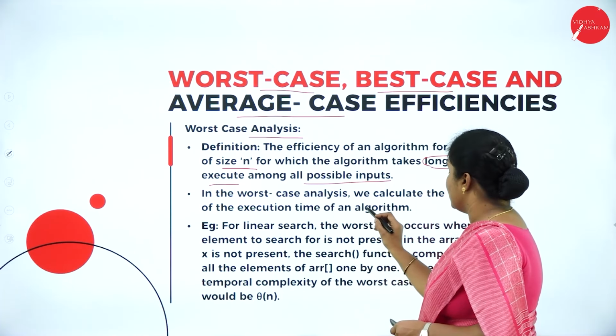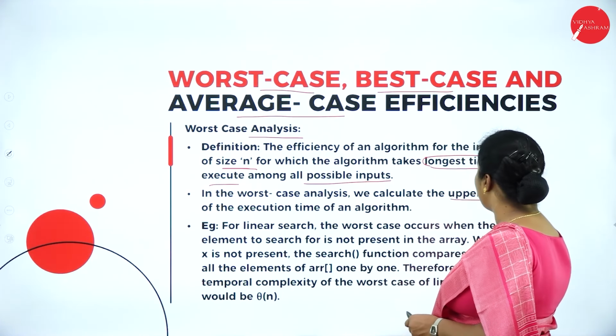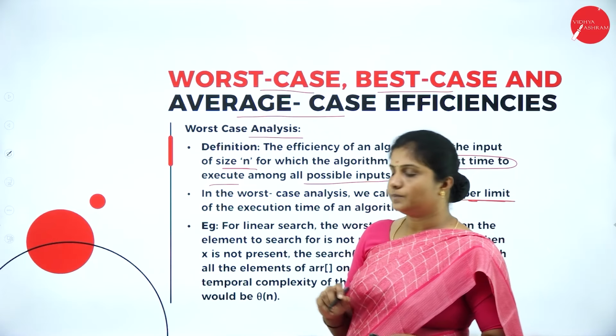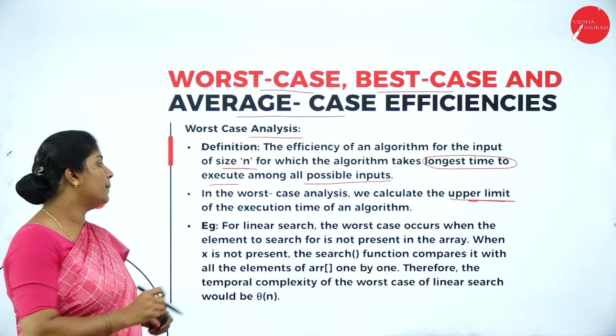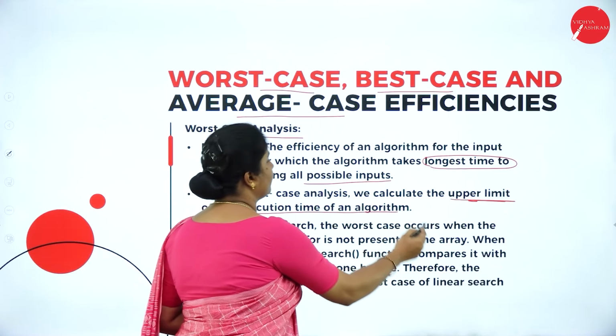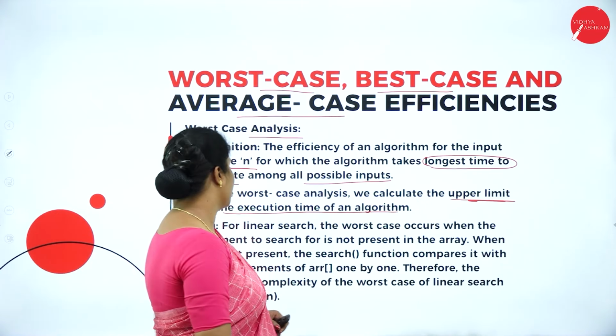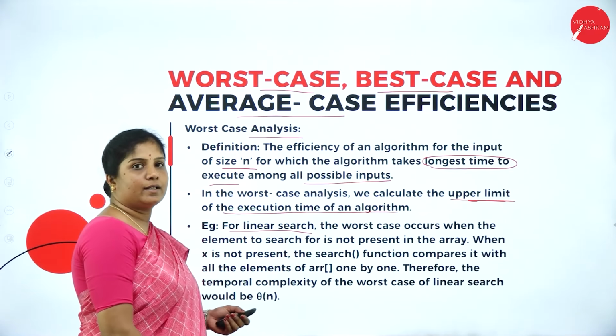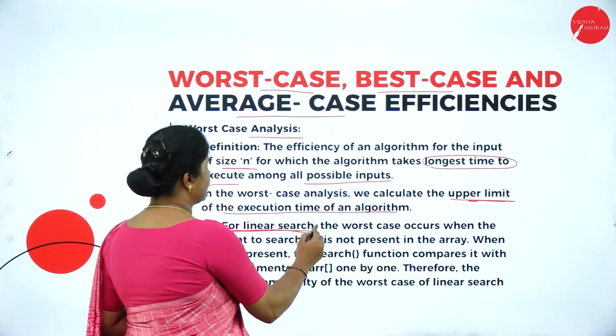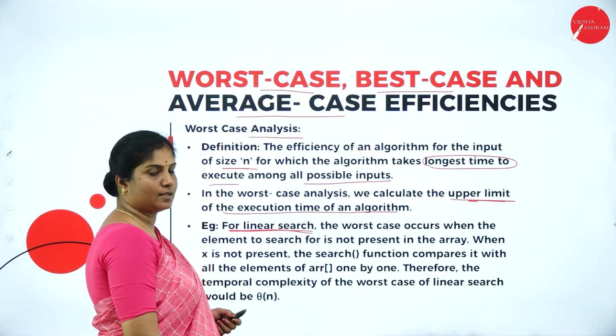In the worst case analysis, we calculate the upper limit of the execution time of an algorithm. Next, we have taken linear search as an example to calculate the worst case.